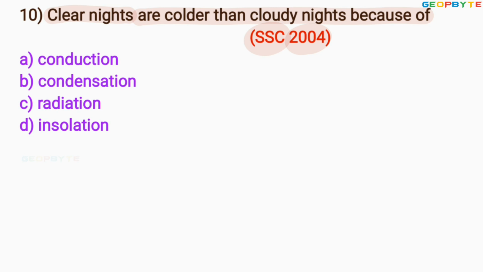That is the reason clear nights maintain a lower atmospheric temperature than cloudy nights. It means the clouds hinder the heat transfer on a cloudy night. Anyhow, option C is absolutely correct. So radiation heat transfer is more effective on clear nights.